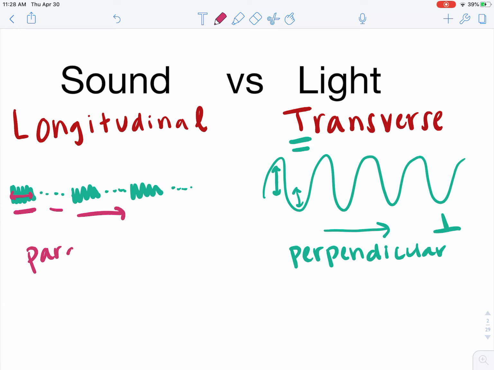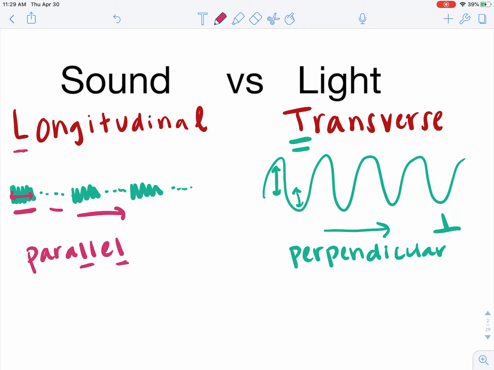And the waves are maybe still traveling side to side, so the amplitude is acting parallel to the direction that the wave is traveling. And I remember that parallel has a bunch of L's and longitudinal begins with L. So that's how I remember that.